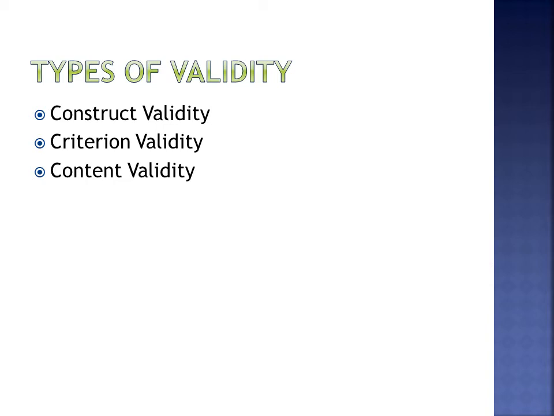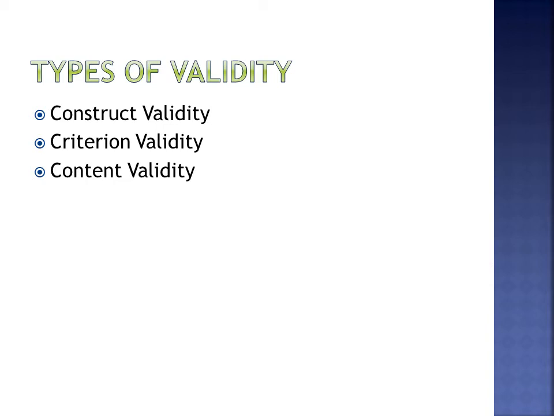Okay, and then when we say content, this is if the test, basically, content focuses on the appearance and the rationality of the test. In simple terms, for example, if the construct is intelligence, the content would be: does the test look like an intelligence test, or do the test items look like they are measuring intelligence?